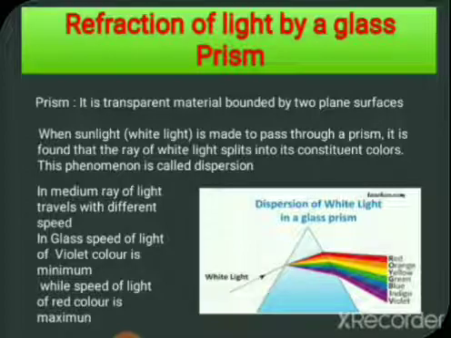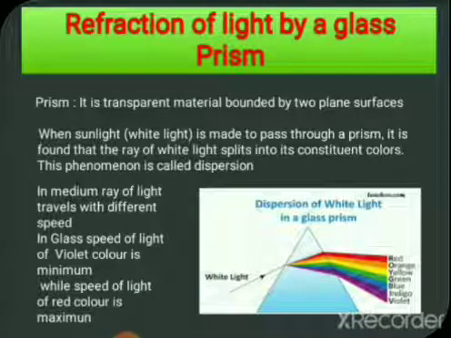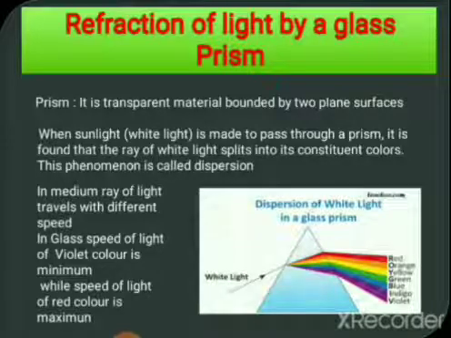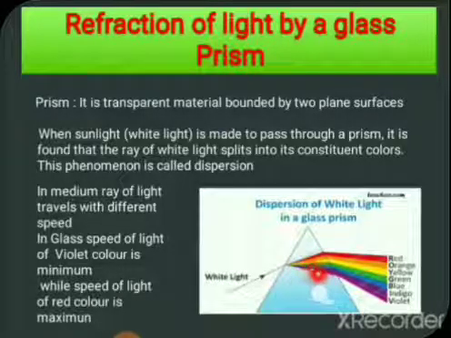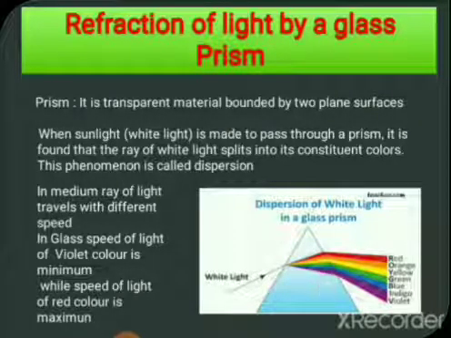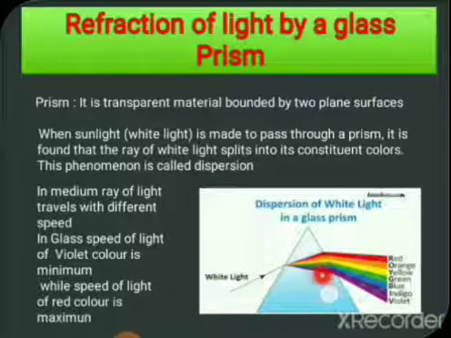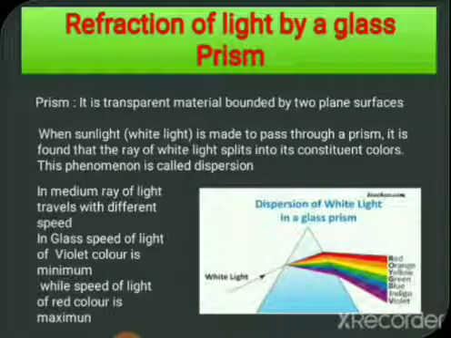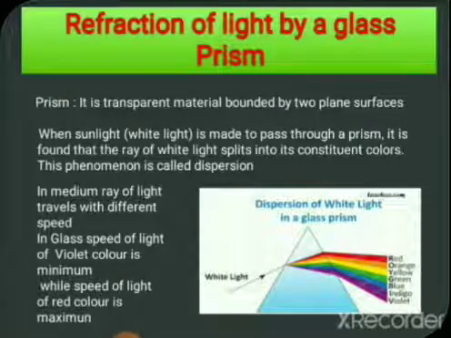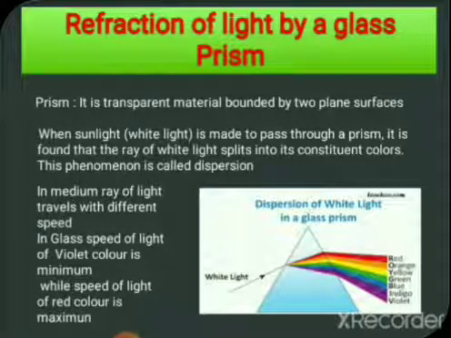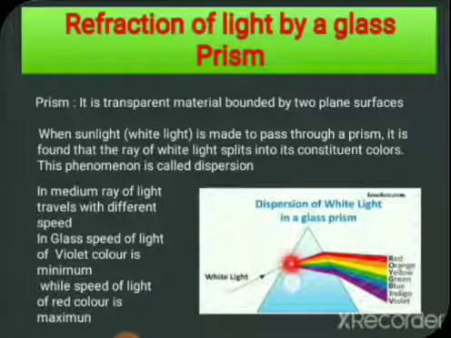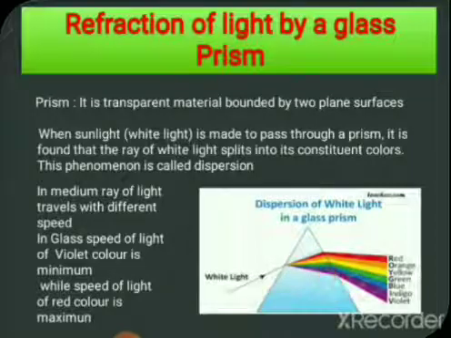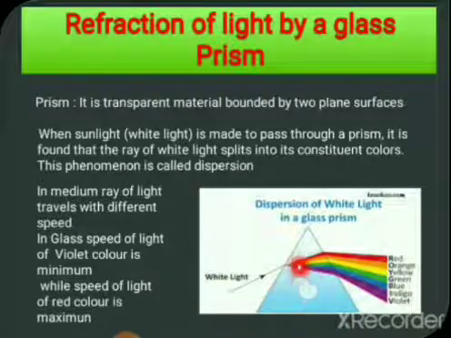In glass, the speed of light of violet color is minimum. As you can see, this is the violet color, the extreme portion of it. The speed of light of violet color is minimum, because of which deviation is occurring the most.